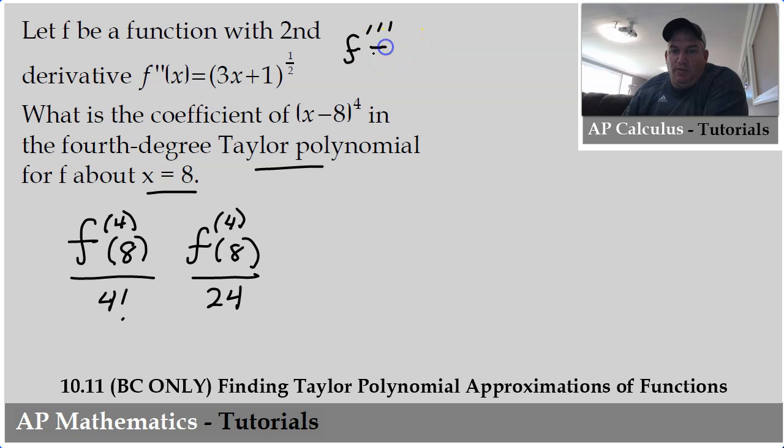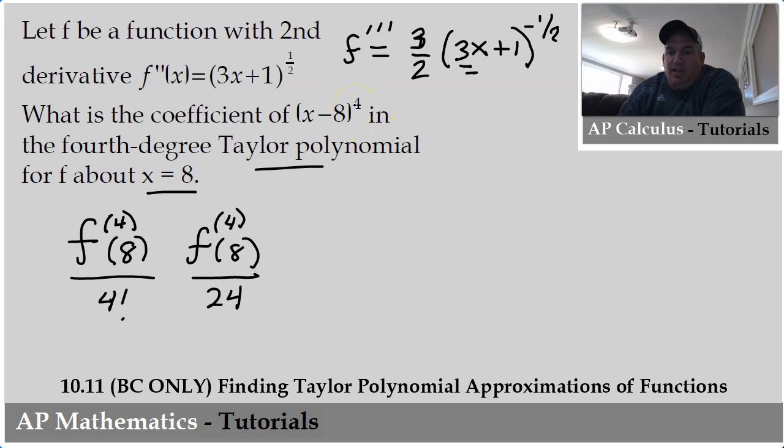That would be 1/2 brought down times 3x plus 1, and then we'll subtract 1 from the power, so that becomes a negative 1/2. But then we have to remind ourselves that we have a chain rule here, so we're going to multiply by 3. So we're actually going to have a 3/2 here on the outside instead. So our third derivative is 3/2 times quantity 3x plus 1 to the negative 1/2 power.